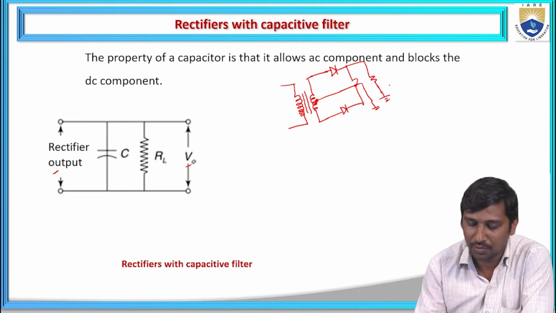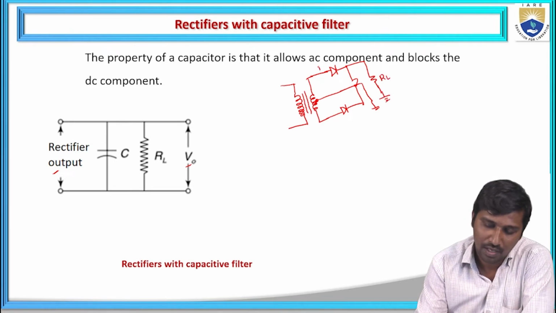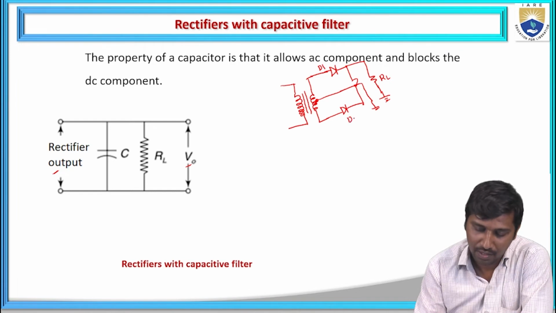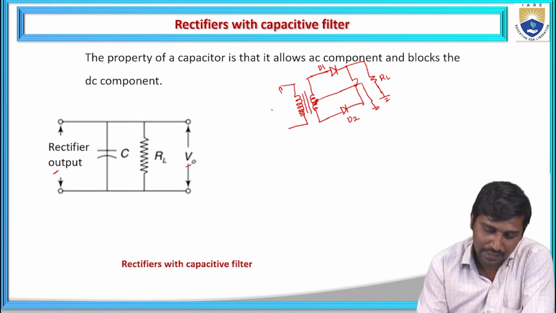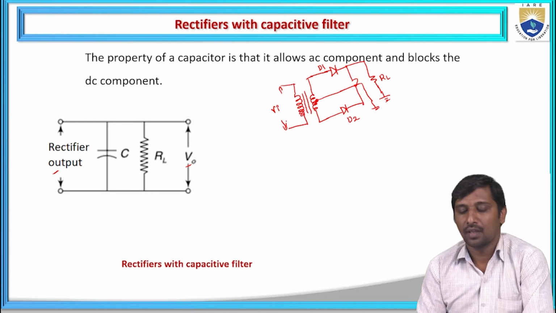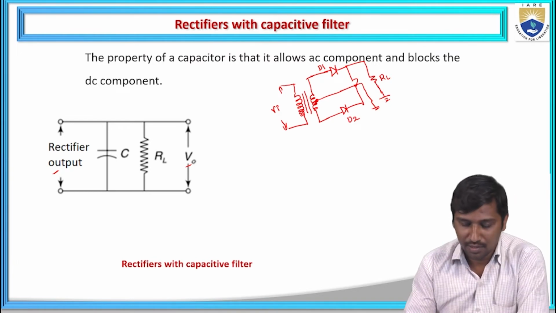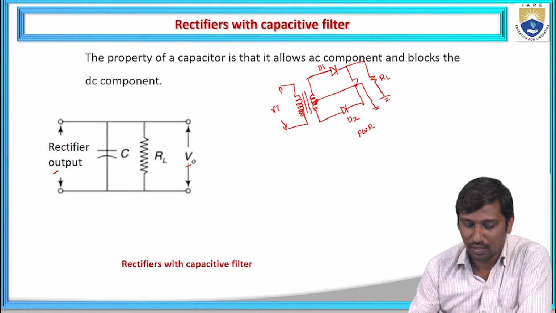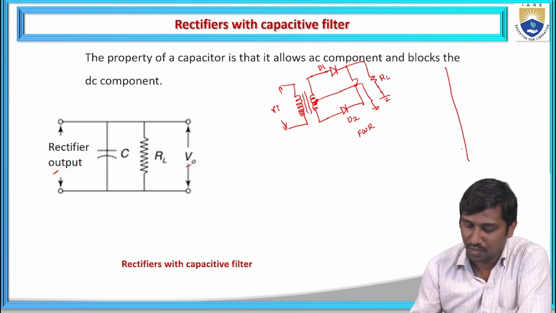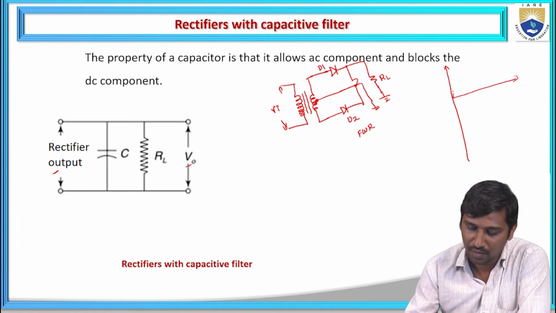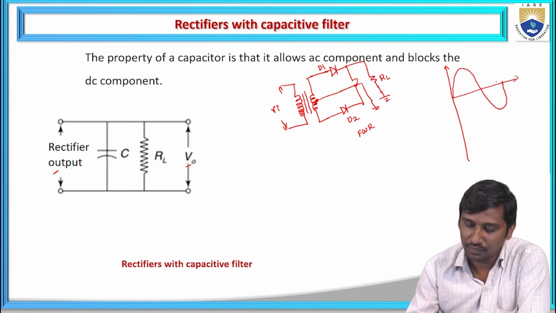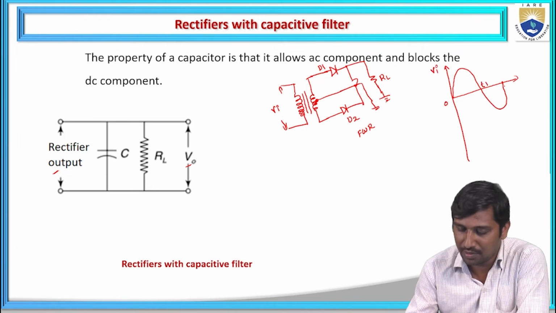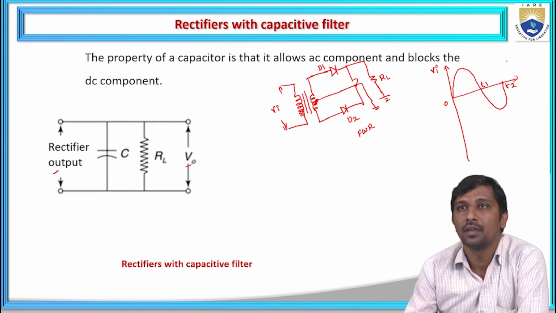Let us take this as the load, and this is D1 and D2, and this is the VI. Here I consider this as the full wave rectifier circuit. When we pass the input signal, this is the VI, the time interval is 0 to T1, and this is T2.